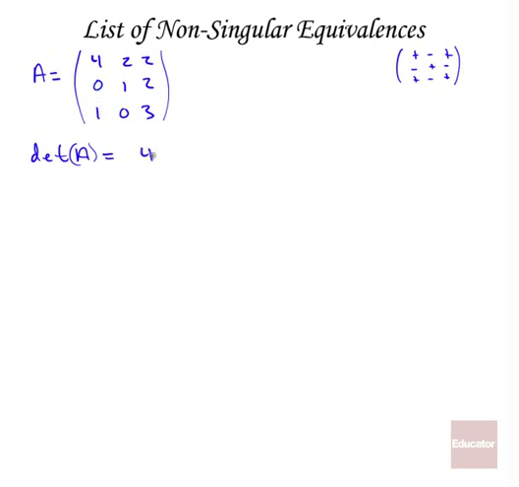So the determinant is equal to 4 times, if I knock out 1, 2, 0, 3, minus 0 plus 1 times 2, 2, 1, 2. 1 times 3 is 3, minus 0. 4 times 3 is 12.